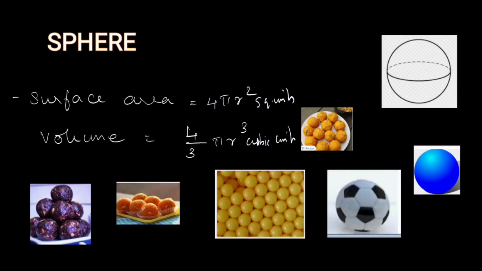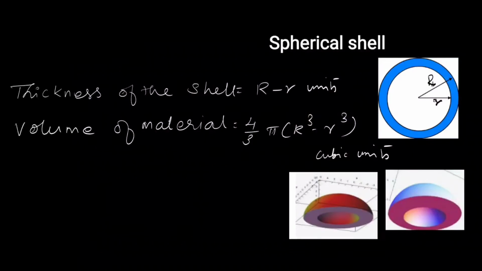Next, spherical shell. What is a spherical shell? A spherical shell is nothing but a sphere where the inner part of the shell is empty. When it is not filled with anything, it is called a spherical shell. So there are two things to be known: the thickness of the shell.